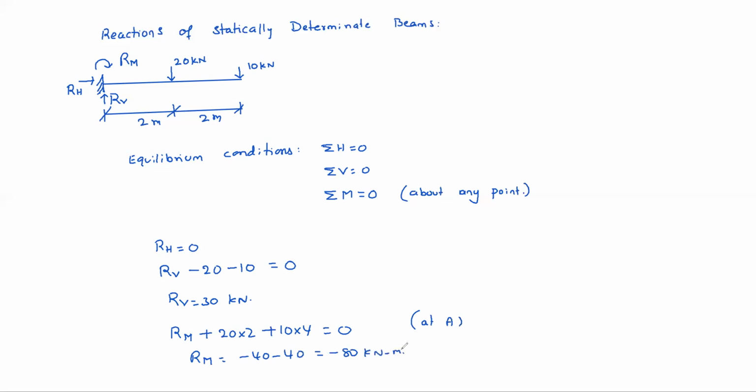That means we have assumed the wrong direction. So instead of clockwise, it should be anti-clockwise. If we take anti-clockwise, it will be 80 kilonewton meter. That is the reaction at the left support A, suppose if you name them A, B, C. So at A, 3 reactions we are getting from the 3 equilibrium conditions.